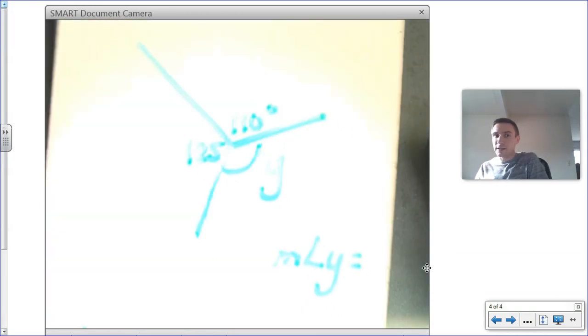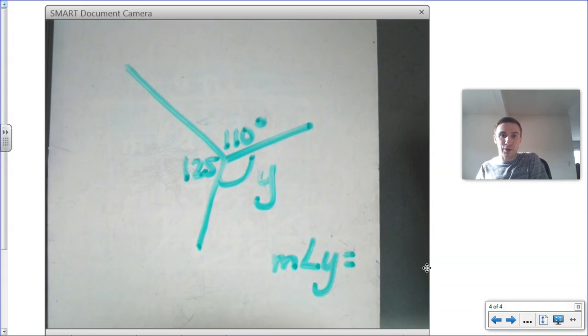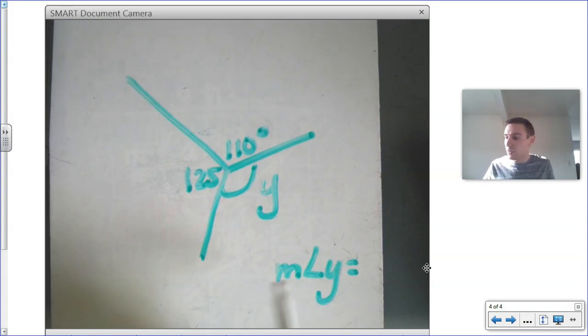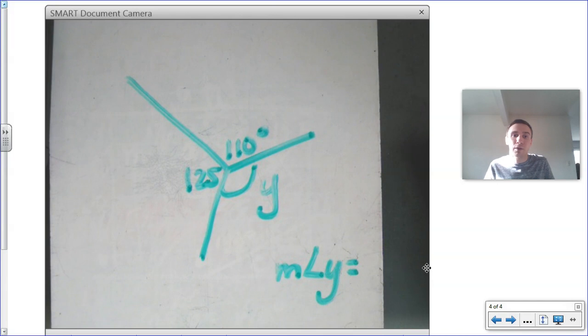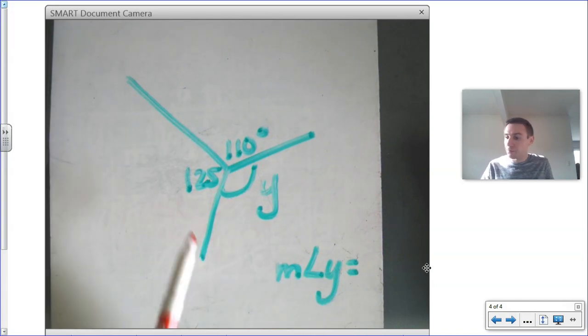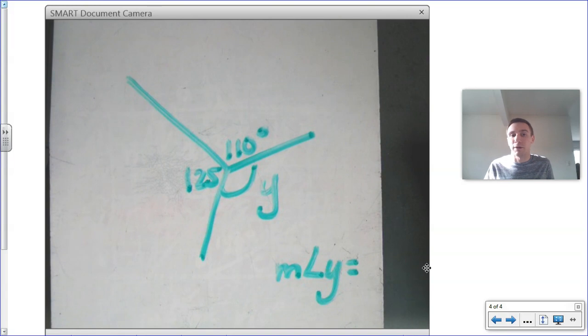Let's talk about some more angles around a point now. And here, in this system, I wasn't nice. I didn't give us lines to work with. What I did give us were a couple of line segments. They're not named because all this problem is asking me to do is find the measure of angle y. So here I have a 110 degree angle, and here I have a 125 degree angle.